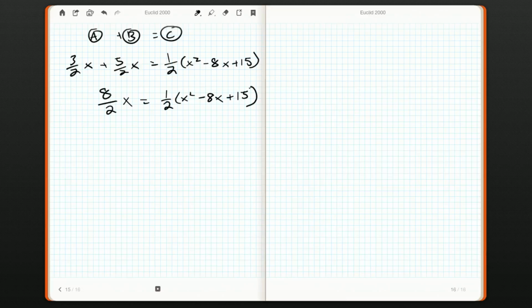Okay. Now, what I could do is divide 8 by 2 and get 4. But instead what I'm going to do is leave a half out there and just have an 8x. Why? Because now that I have a half here and a half here, I can start bringing these two together.